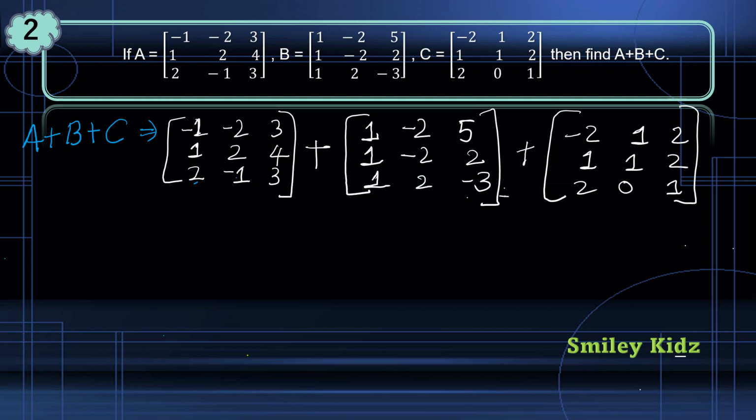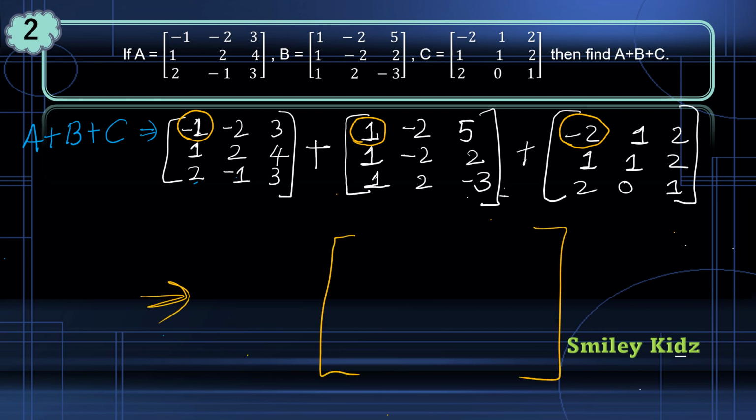Alright, so here firstly add -1, 1 and -2 and write your answer over here. Alright, so -1 plus 1 plus of -2 is something you're going to do because you're simply adding the corresponding elements of the corresponding matrices.